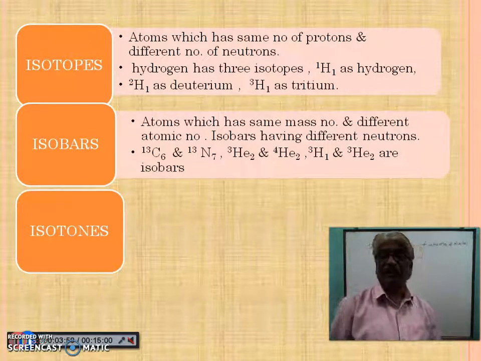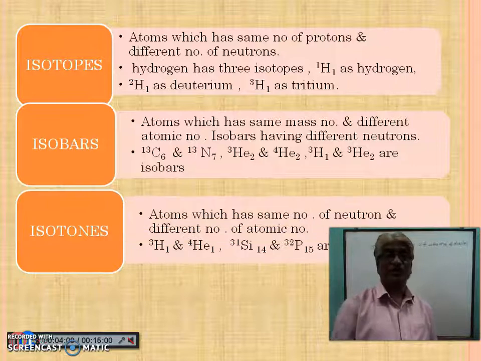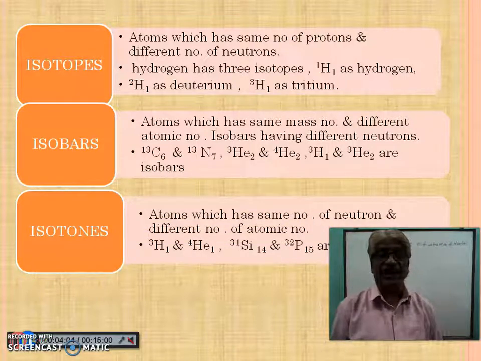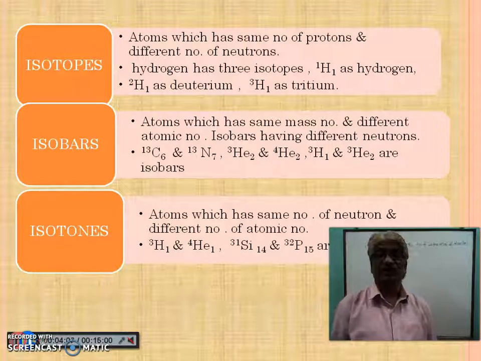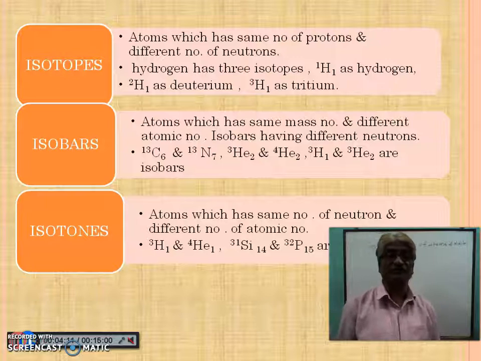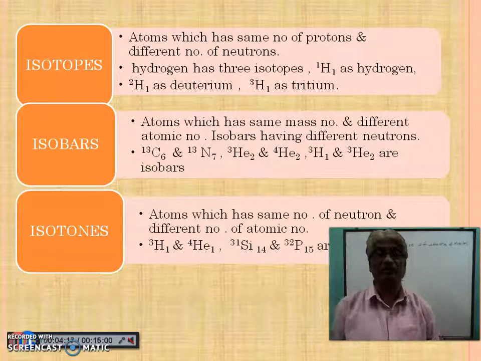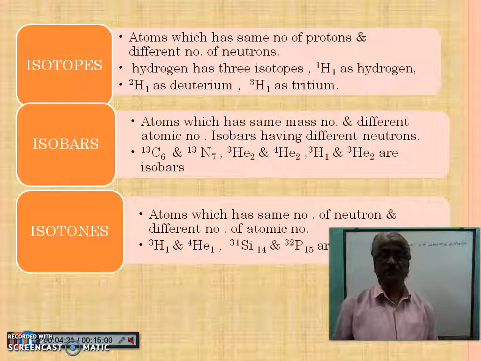What is meant by isotones? We can study that isotones are the atoms which have the same number of neutrons and different atomic number.